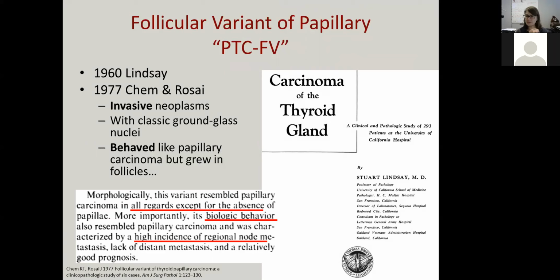These had lymphatic metastases, these had invasive growth just like PTCs, they just happened to grow in follicles. So rather than calling them follicular carcinoma, which was a pattern-based diagnosis, this was more of a behavioral diagnosis, and they called it follicular variant of papillary carcinoma. Does that make sense? So they said, this is biologically looking like papillary, even though it's growing in follicles, I want to call it papillary.